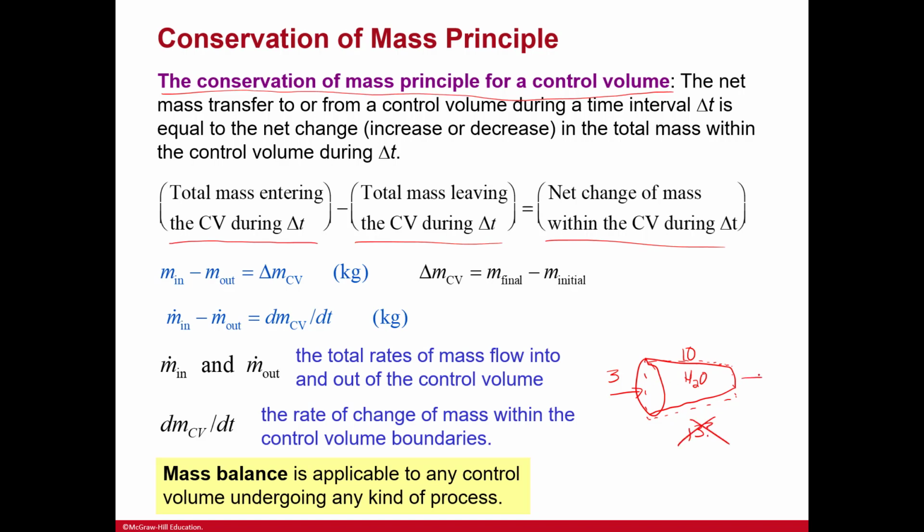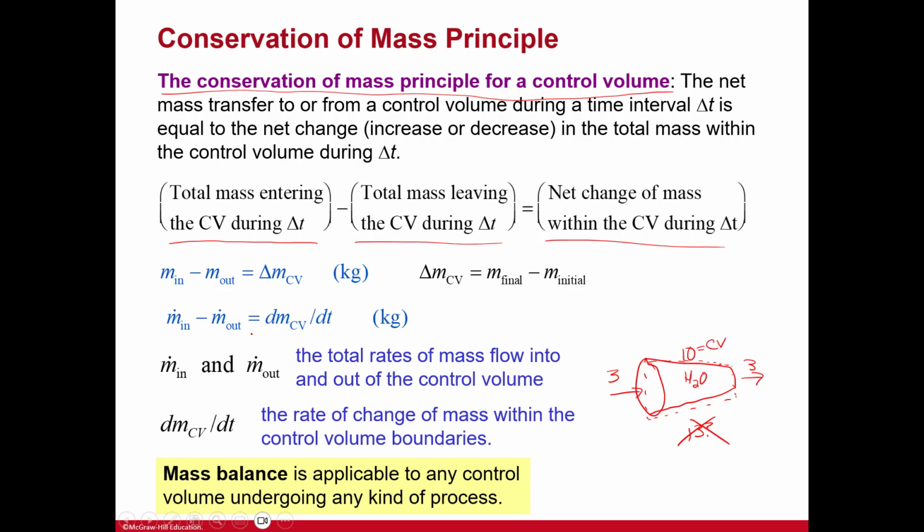We're going to have 3 exit. We have to, because our pipe's not going to get bigger. I mean, if there's enough force, it will cause the pipe to fail and break, and then we won't have our boundary anymore. But our control volume's always only going to be 10, right?